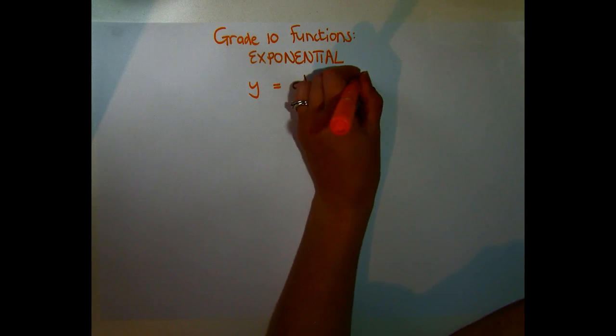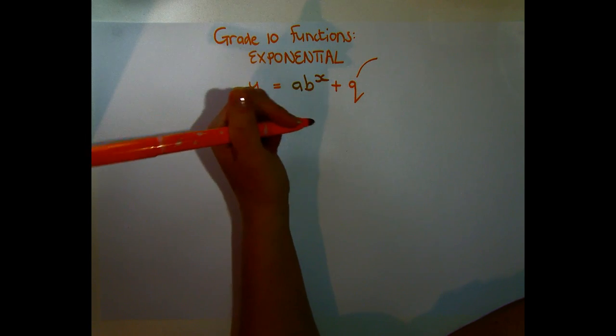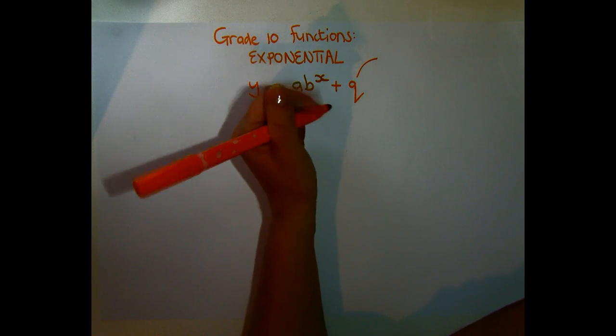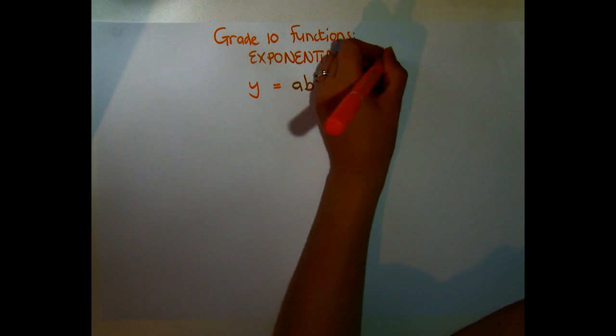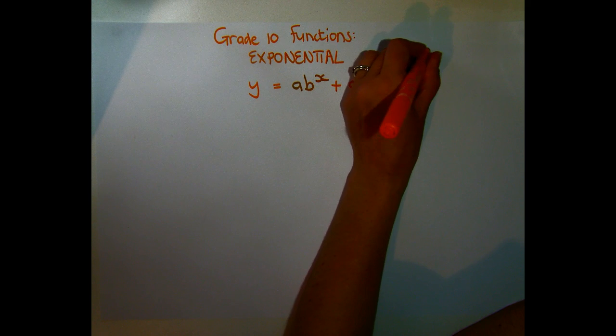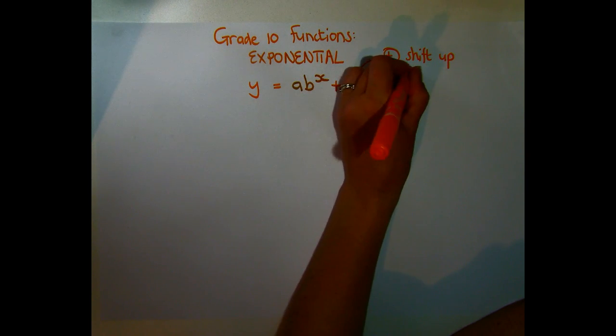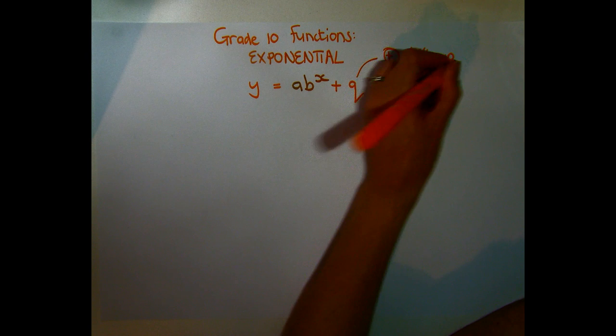Now we've experienced this q before, which is the shift up and down. It is no different with the exponential function. So when it is positive, we have a shift up, and when it is negative, we have a shift down.